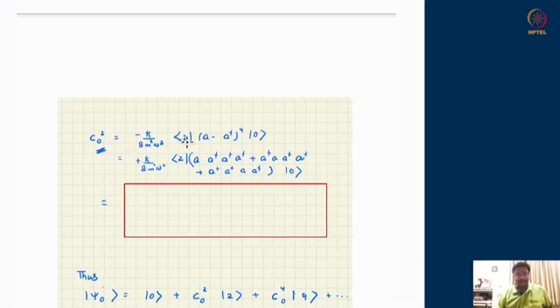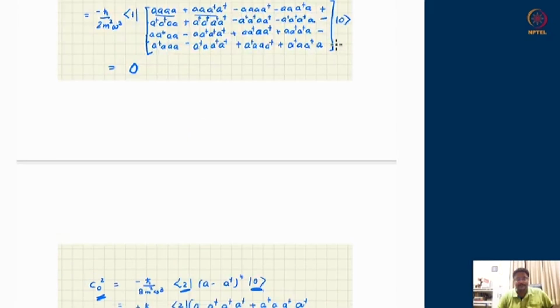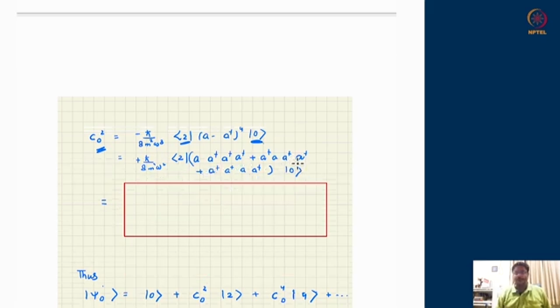But it may have some projection along the second eigenfunction, C_02. So then again, I have to do the same thing. I have to squeeze the operator between 0 and 2, divide it by their energy difference. Overall, I will get this coefficient. And this time, after these expansions, just like whatever we have done over here, if I put it between 0 and 2, this time I will get a non-zero contribution which will survive.